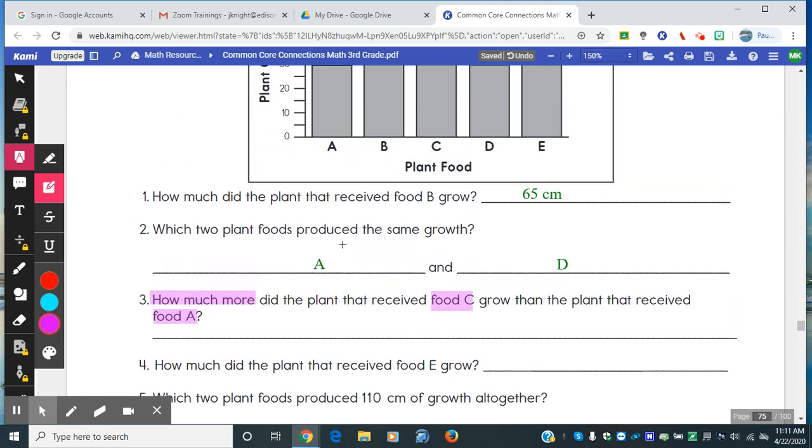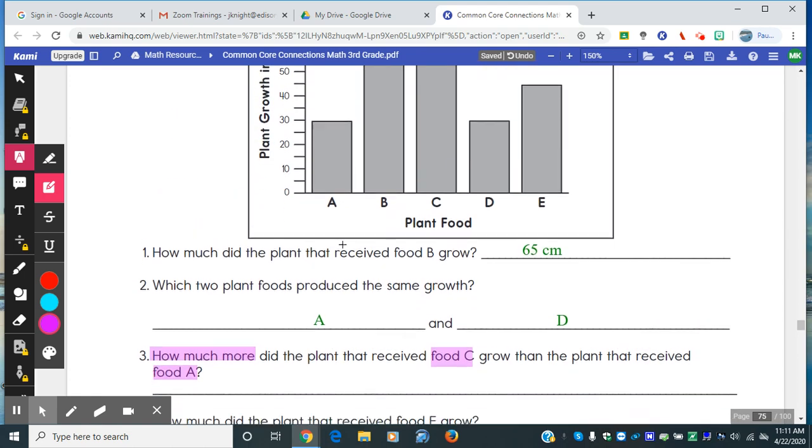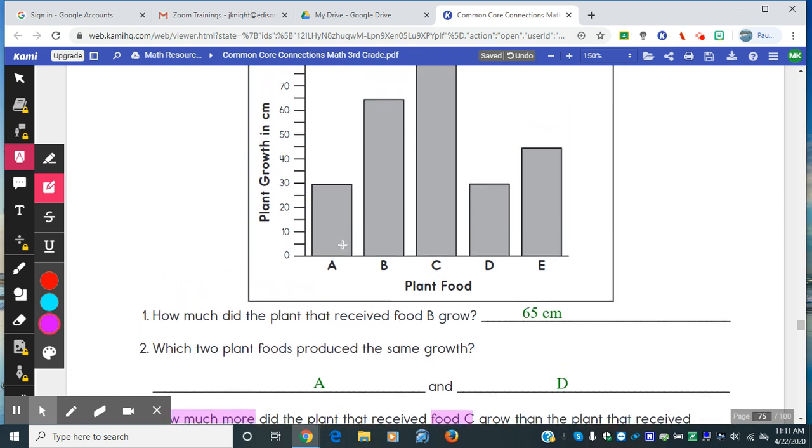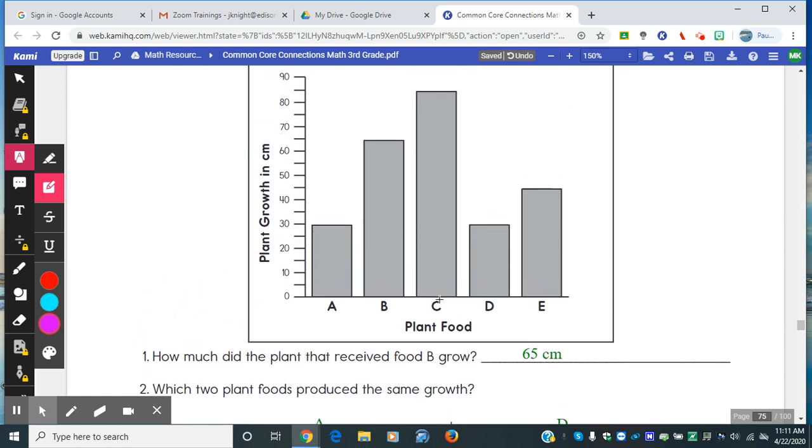So let's go up and find how much the food C plants grew. There we go. Come all the way up. That's between the 80 and the 90. So 85. And the A goes to the 30.